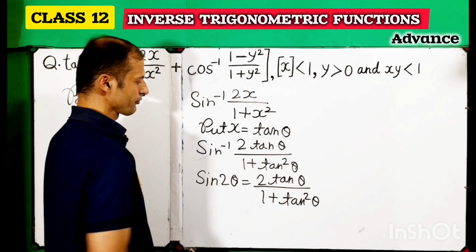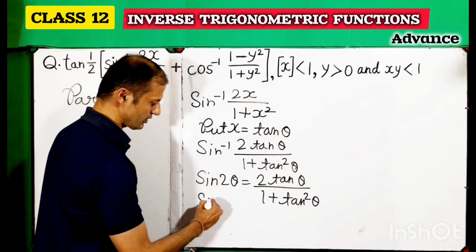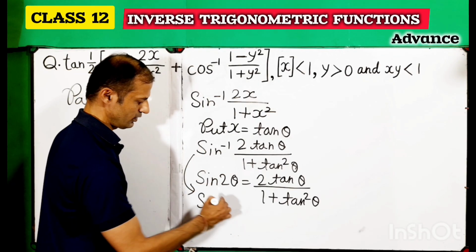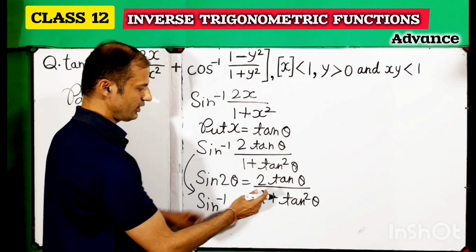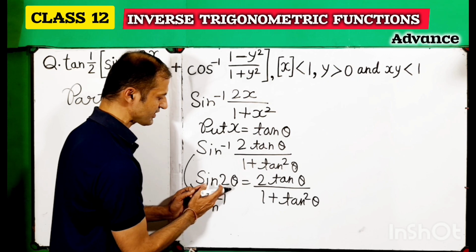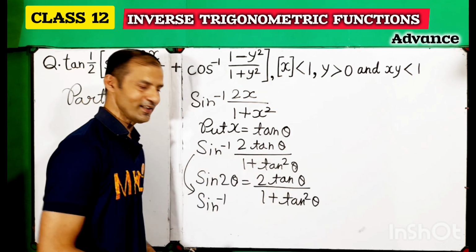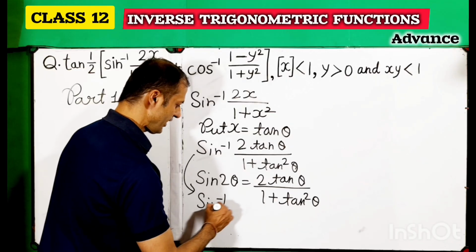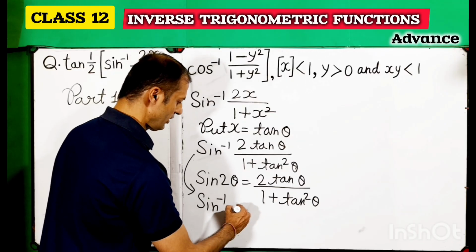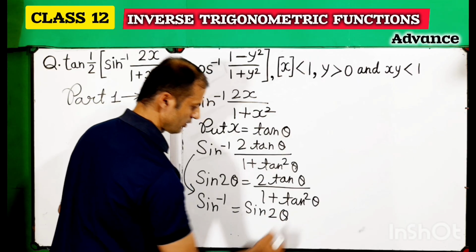What we'll do next, we'll write sine inverse, and instead of this function we'll keep sin 2 theta, because sin 2 theta is equal to this one. So here sine inverse, then we'll write sin 2 theta.